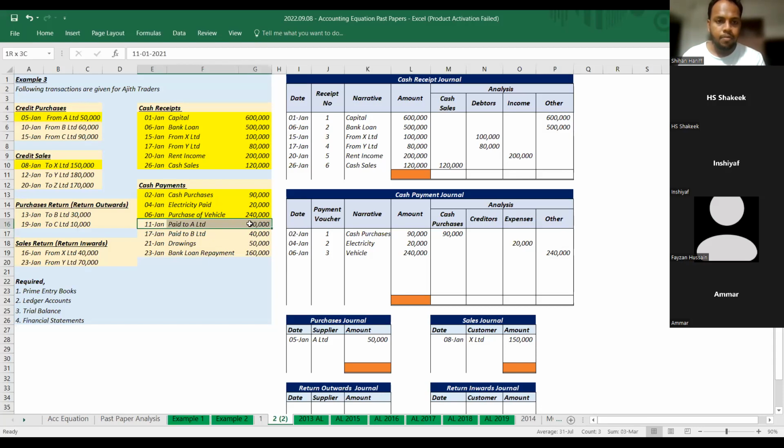Paid to A Limited means paid to creditor.